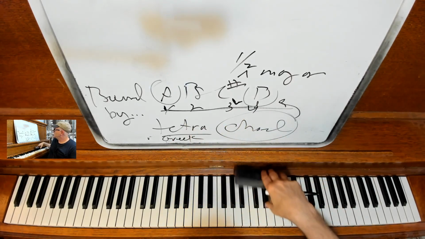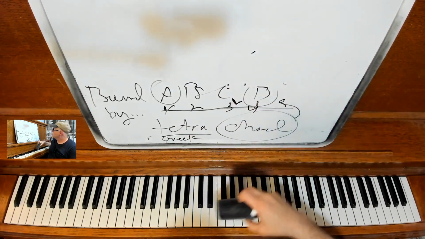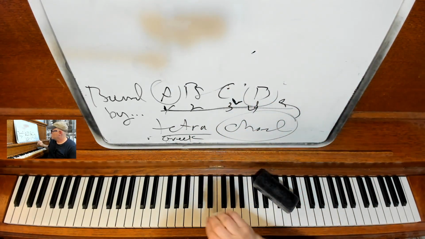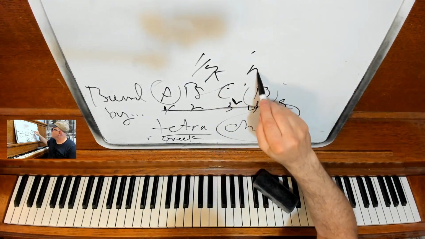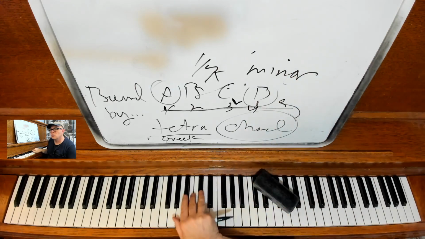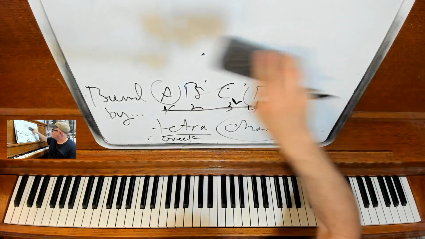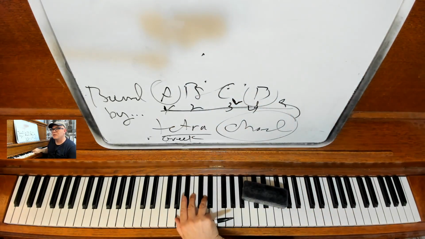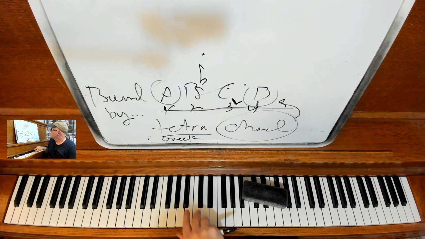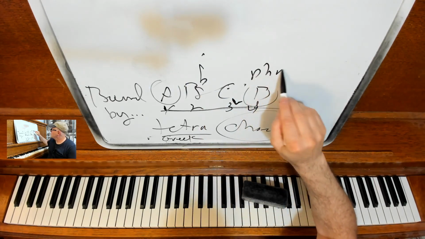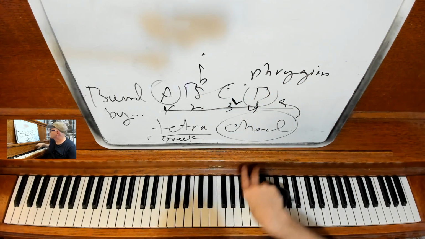If you change the half step, then you change the tetrachord. If it's C natural now, and your half step is right there, then you have a minor tetrachord. If you change the half step again, and you now put your half step here to B flat, that is a Phrygian tetrachord.